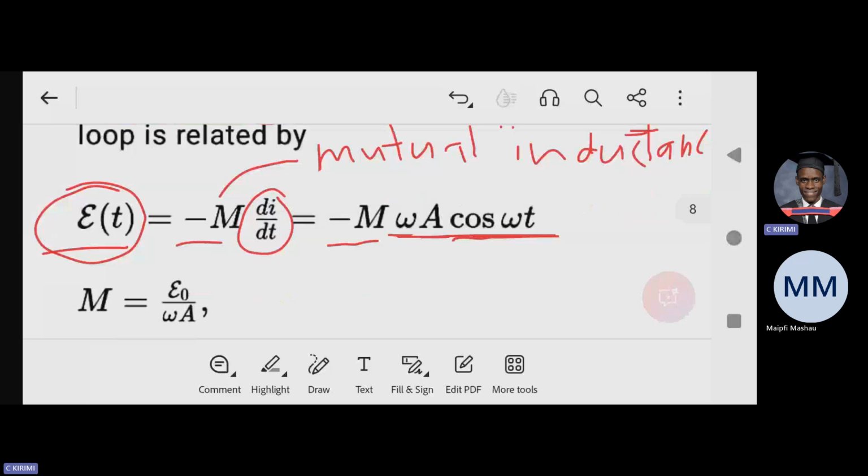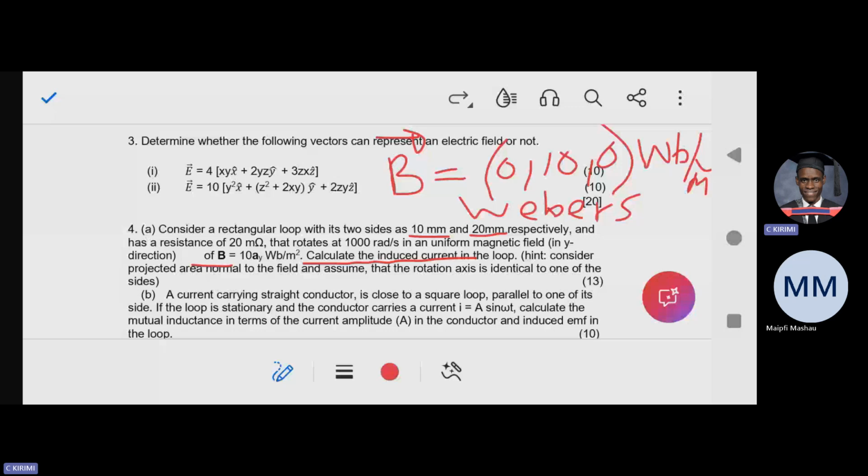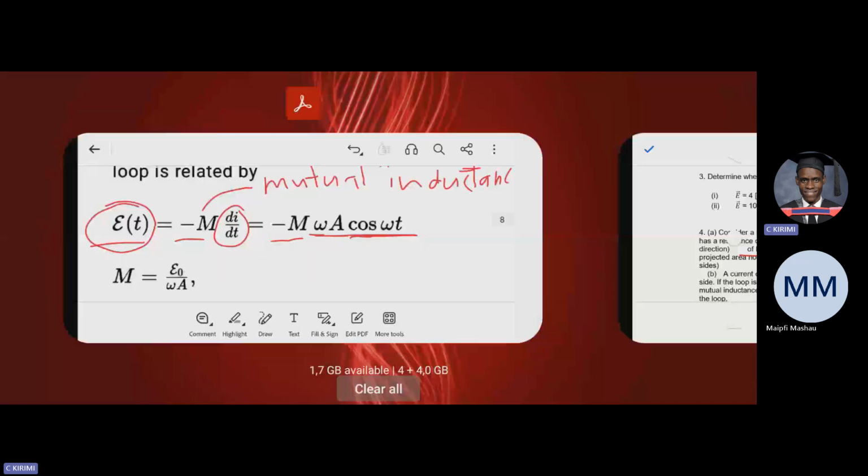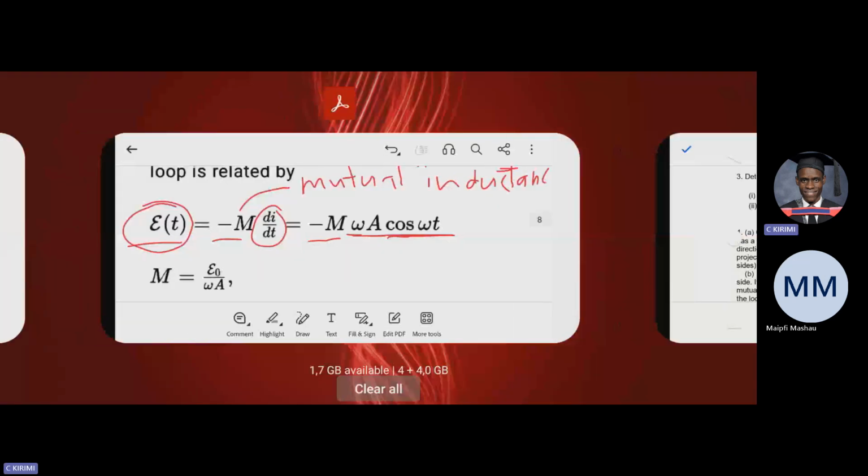It did not say replace the values. So first we calculated the induced EMF in the loop, which is this one. It sounds very easy, but to remember these things in an exam sometimes it's not easy. That's why there are those marks. So EMF is equal to minus M, the mutual inductance, times the derivative of the current with respect to time. Then you get your induced EMF, E of t, not the peak EMF.